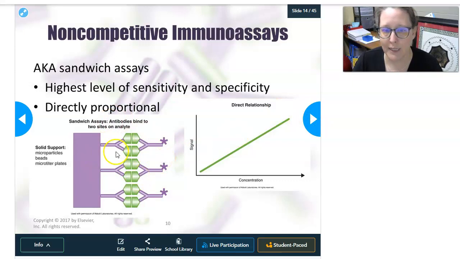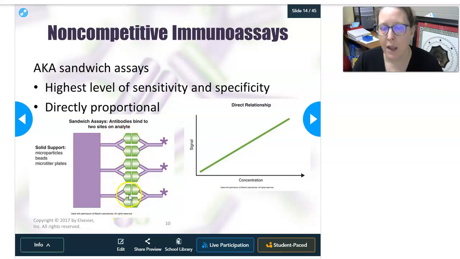Okay, so usually you have a capture antibody that's fixed on a solid support. This can be microparticle beads, microtiter plates, or something like that. If the antigen of interest is present, it will be captured on these capture antibodies.